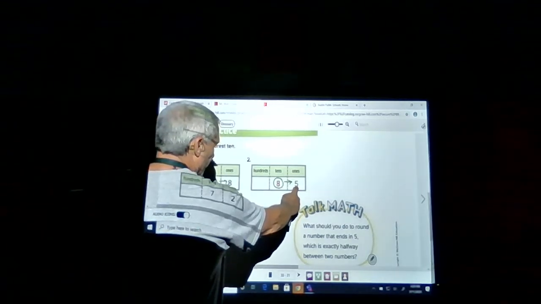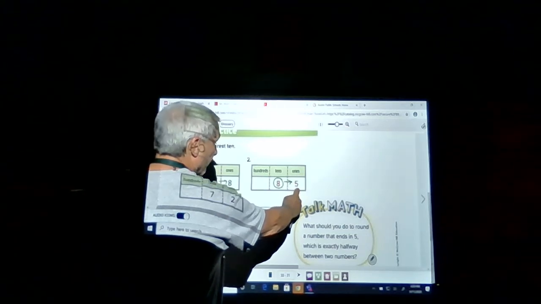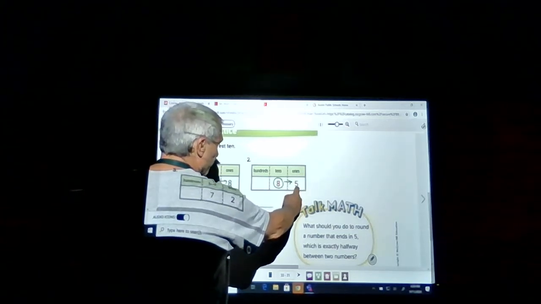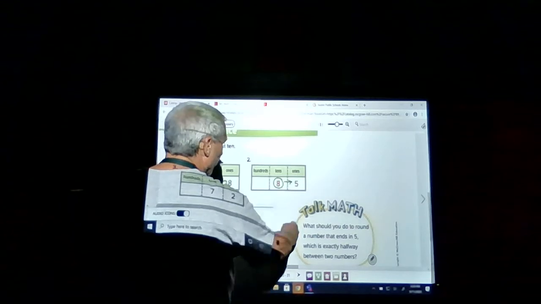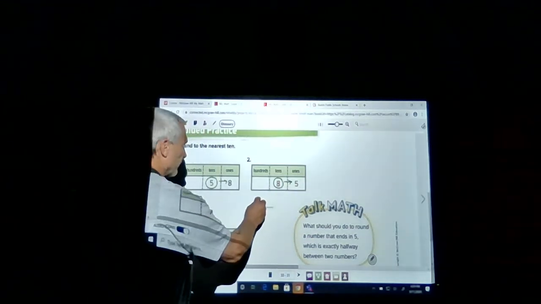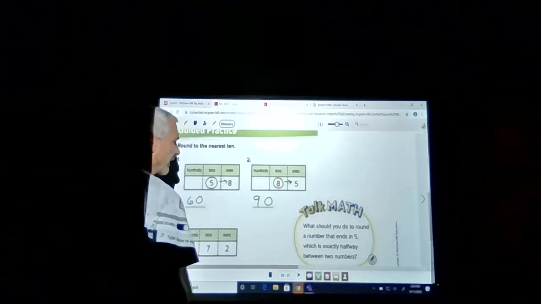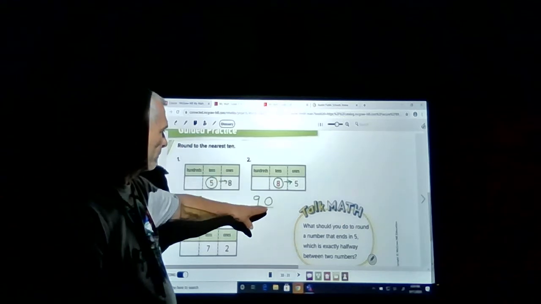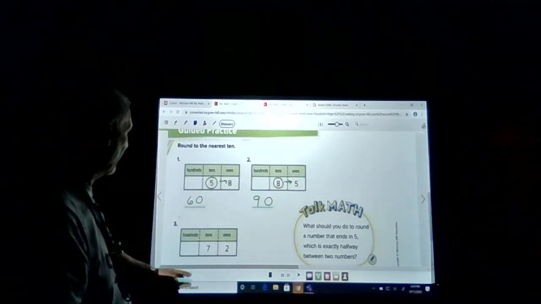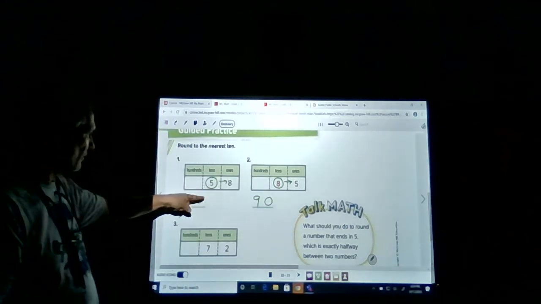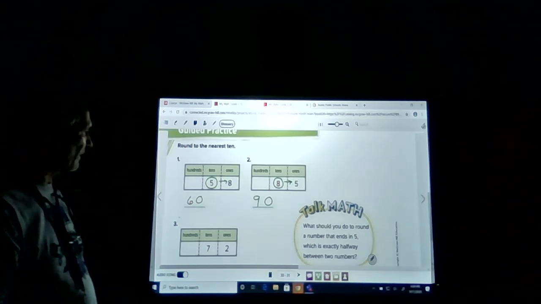No. Is it 5 or greater? Yes. It's right in the middle. So 5 or greater is going to tell us to go up 1. And what do we do with the last digit? Replace it with the 0. So 85 is very close to 90. And 58 is closer to 60 than it is to 50.